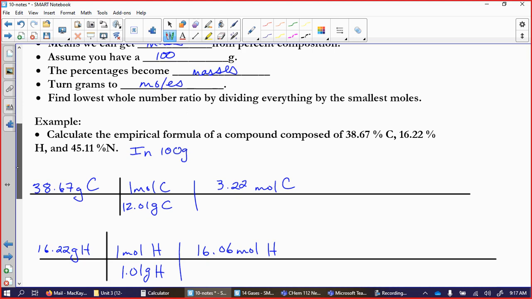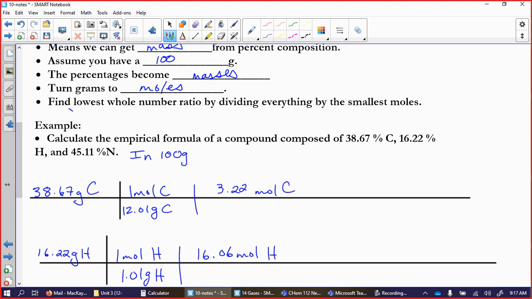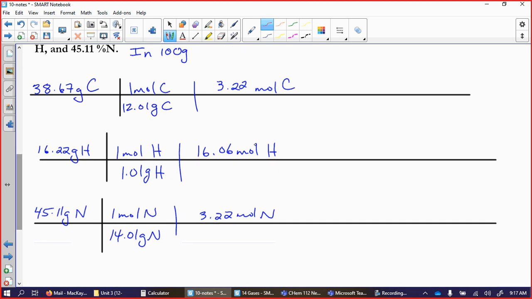We want to find the whole number ratio. This is the kind of key step. Divide everything by the smallest number of moles, which in this case, because it's a ratio, we're going to divide that by 3.22. Divide that by 3.22. Divide that by 3.22 because they're the same.